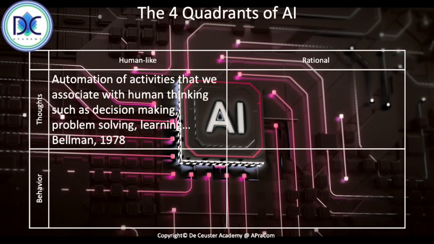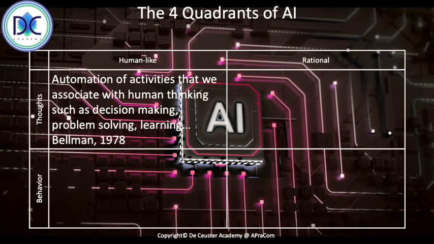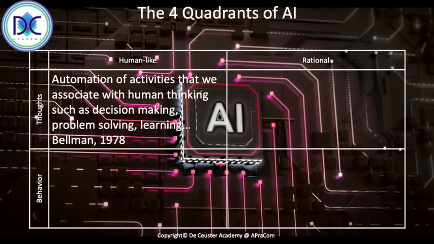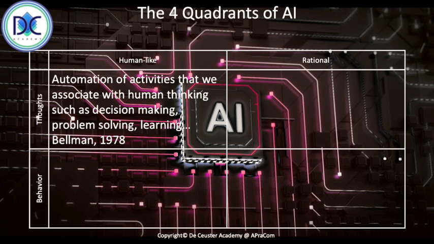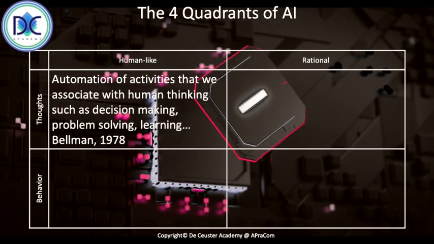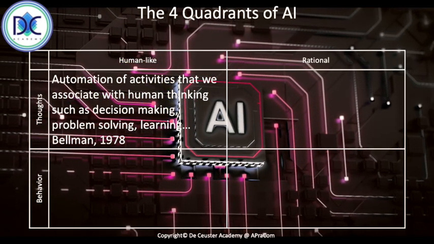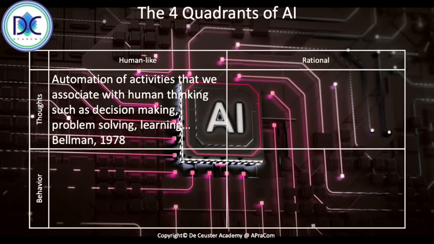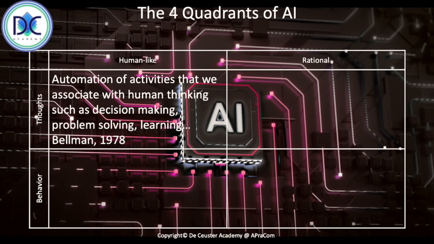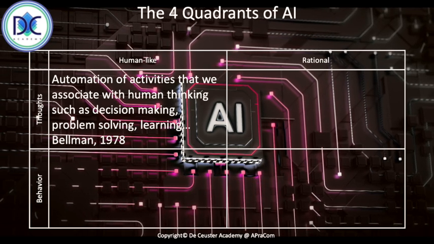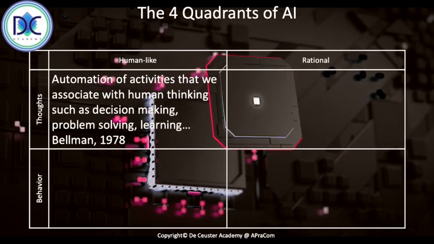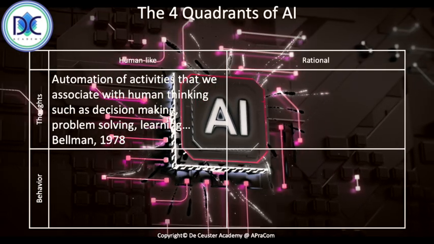First, we look at thoughts and human-like. Here we look at automation of activities that are typically associated with human thinking. We typically think here about decision-making, problem-solving, learning, and this has been defined by Bellman in 1978.